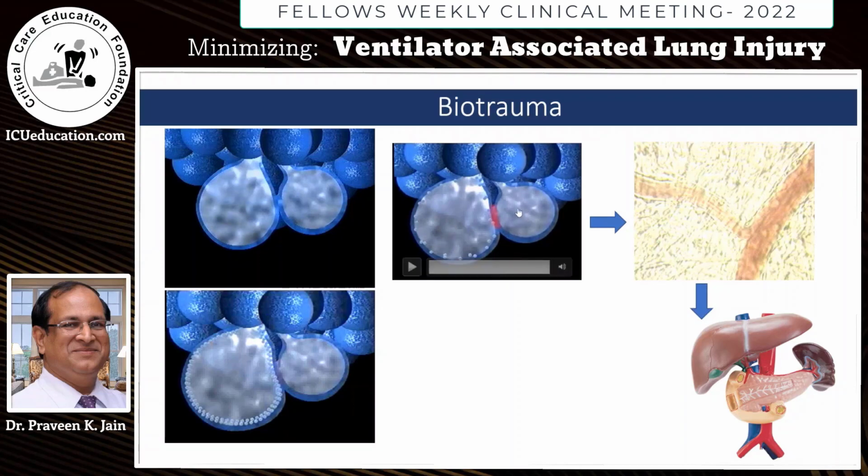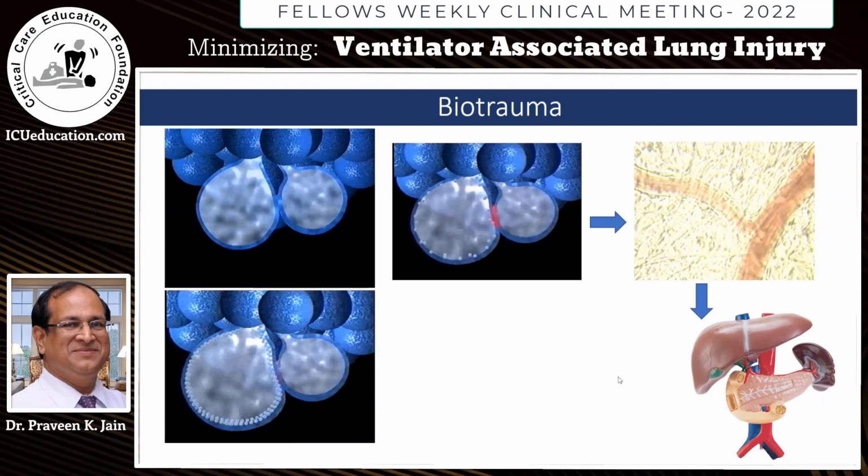Now, what happens to the inflammatory mediators which go into the bloodstream? Because we know that the lung has an extremely rich blood supply. These mediators are then carried by the rich capillary supply of the lungs to distant parts of the body and can affect each and every part of the body, like the liver, the spleen, the pancreas, the kidneys, the blood, etc.